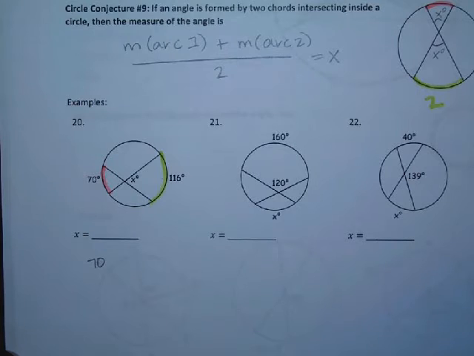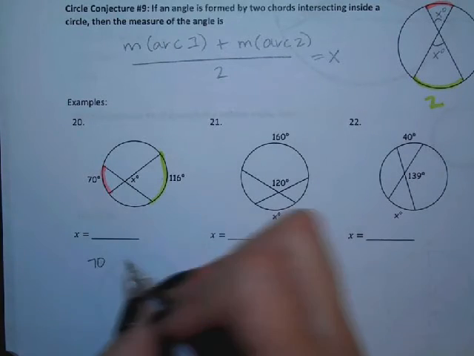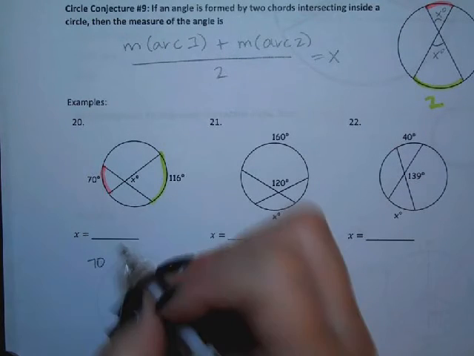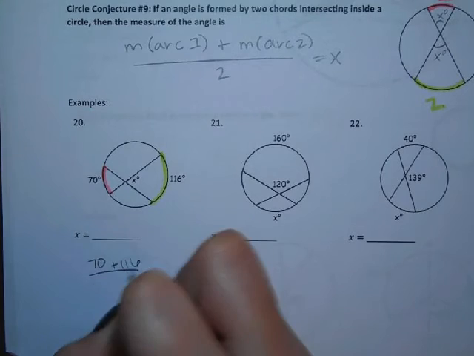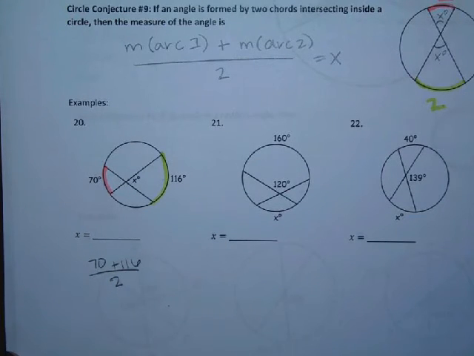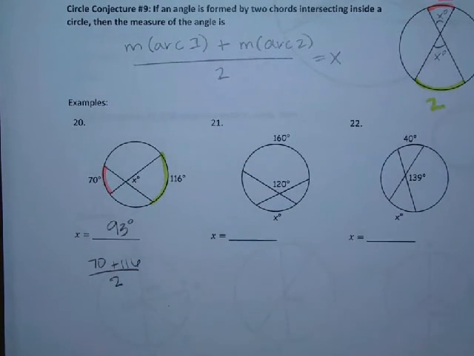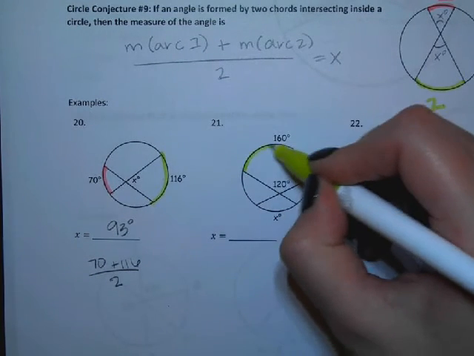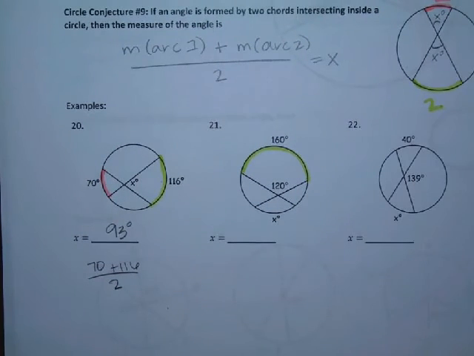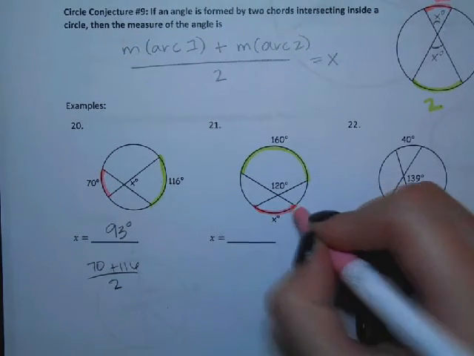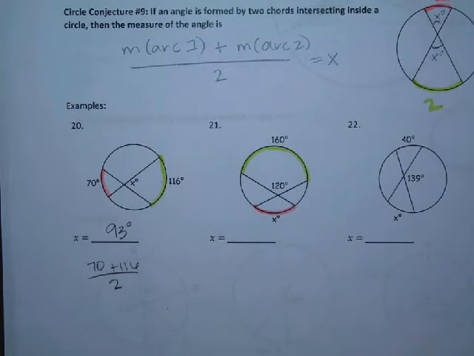So 70, not minus, plus. 70 plus 116 divided by 2 is 93. Okay. Arc 1, arc 2, or we could say it backwards, arc 2, arc 1.